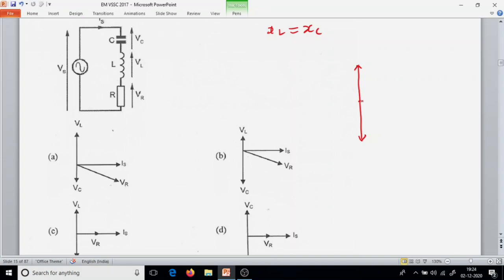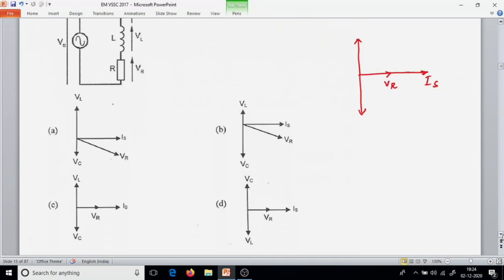And at resonance, this is our resistor current. At resonance, the current and the resistor voltage will be in the same phase. This is the resonance current. Our resistor voltage and resonance current will be in the same phase. Okay, so that is correct.